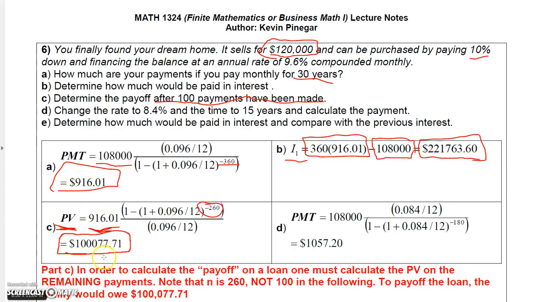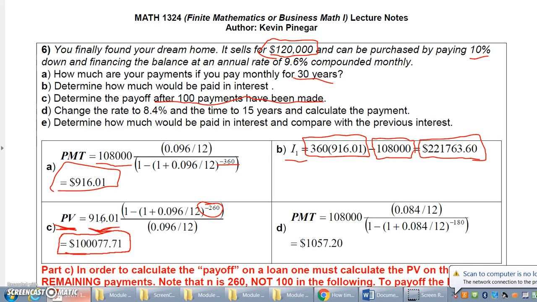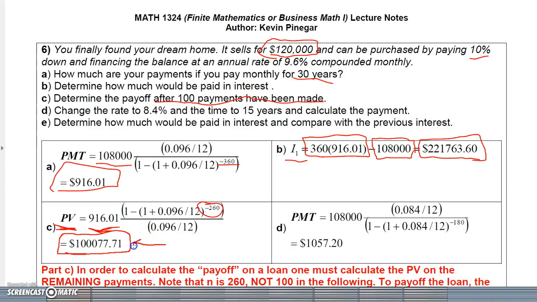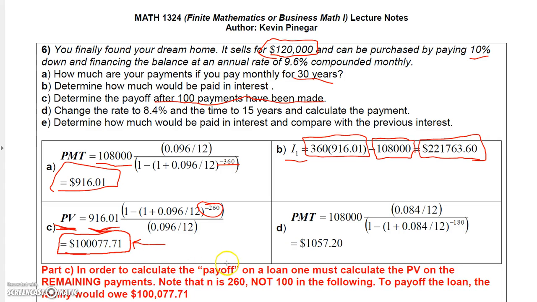So that would be your payoff. So if you sold the house to someone, you'd have to pay the bank off. You'd have to pay the bank this much money to get out of the debt. So we'll talk more about that in a minute.